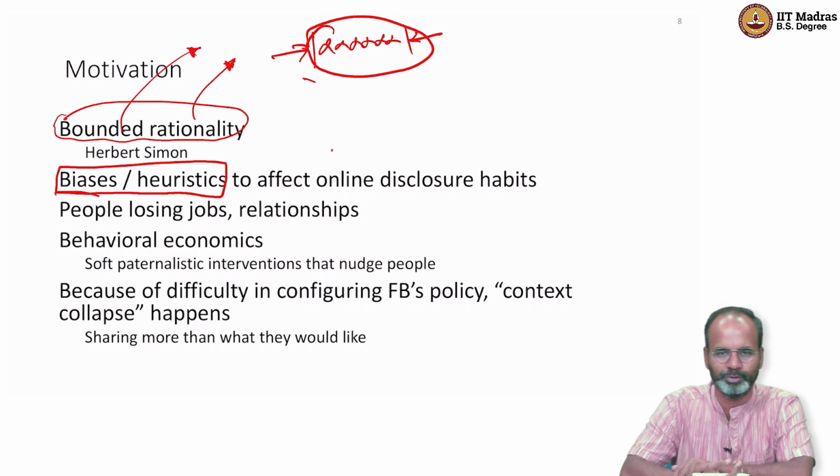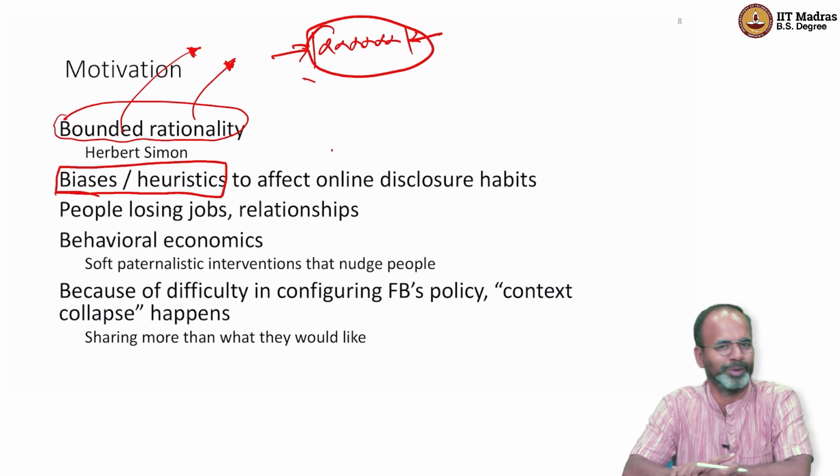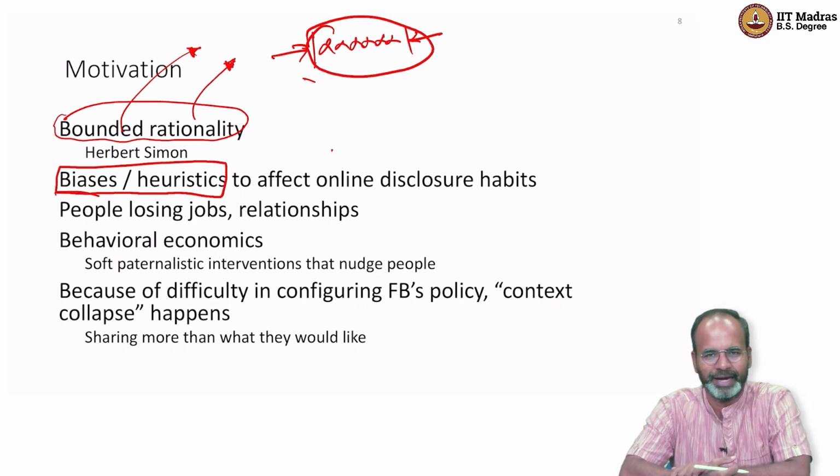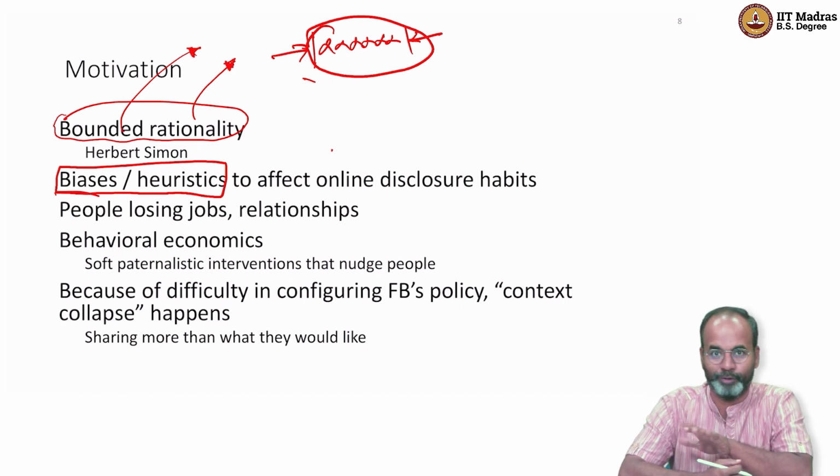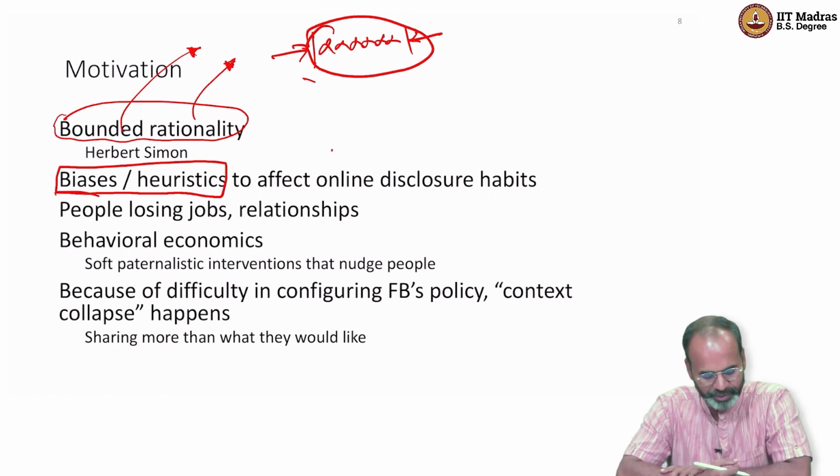People lose jobs, people lose relationships. You do a post with somebody, and then some other person who's closer to you looks at the post, and the relationship gets broken or in tough waters in some sense.